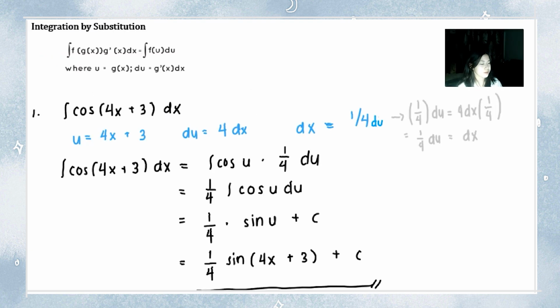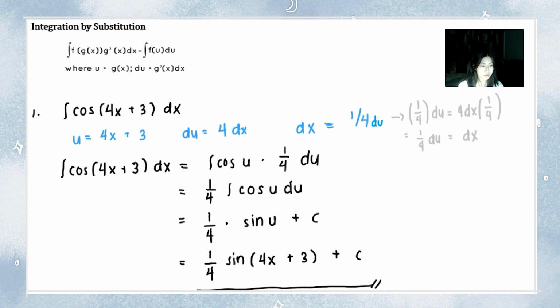Now let's get to the first example, the integral of cosine of the quantity 4x plus 3 dx. The first thing we have to do here is to represent our inner function as u. So u is equal to 4x plus 3. Then we get the derivative of our u. So du is equal to 4 dx.